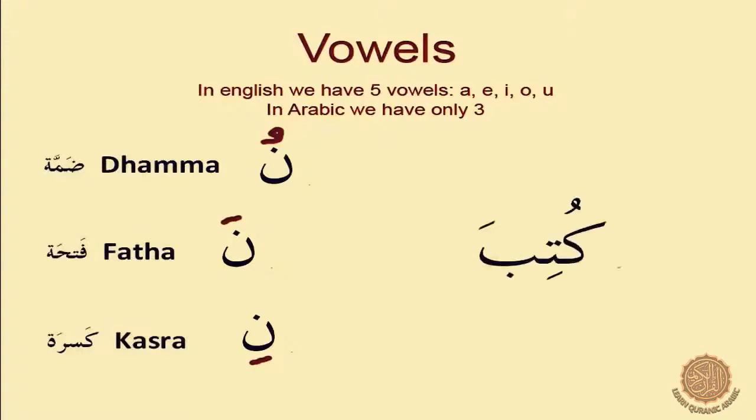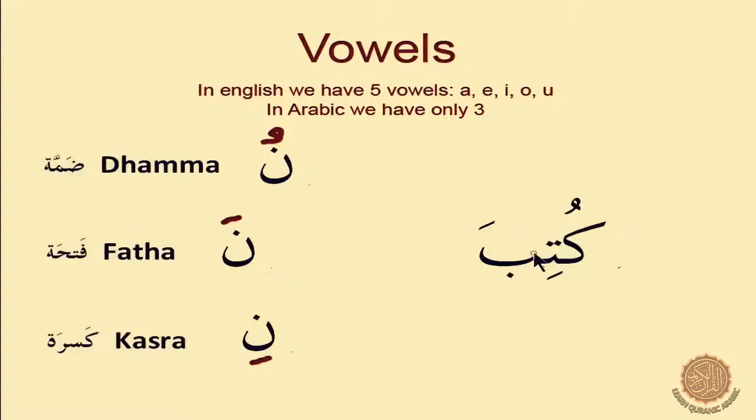So let's do an example of a word that has these three vowels in the word. So let's try to pronounce this word. This is a kaf, so it has a k sound, and on top of it is a dhamma, so there's an u sound. So that would be ku. Then we have the ta with a kasra, so that would be ti. So ku ti.